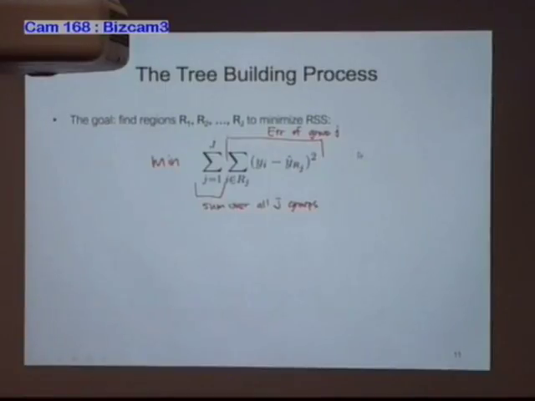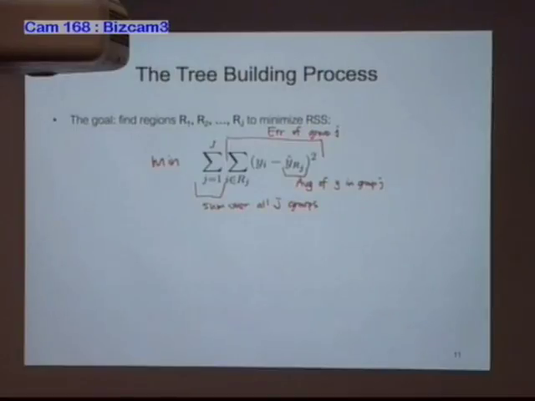Right? So that is the average of y in group J. Right? So if you allocate these points in the same group, and their prediction, even though this is in sample, their prediction is the average, right, of everybody.